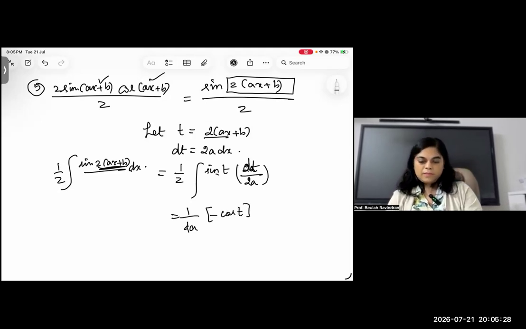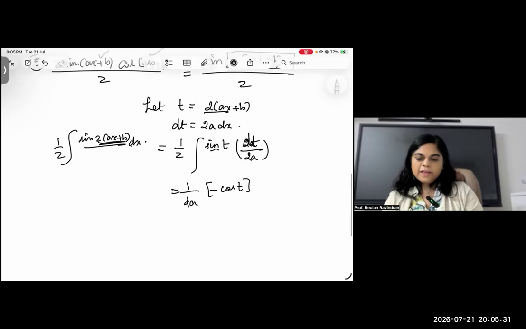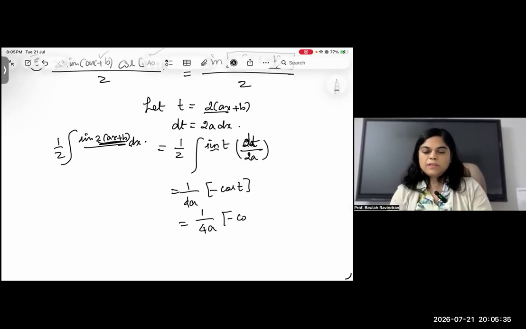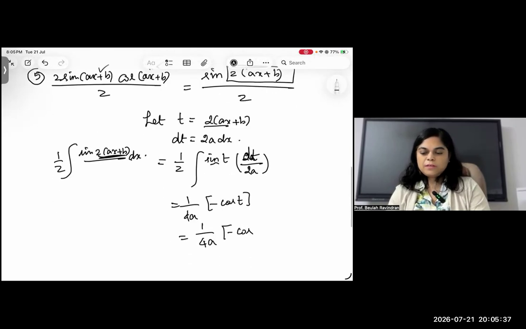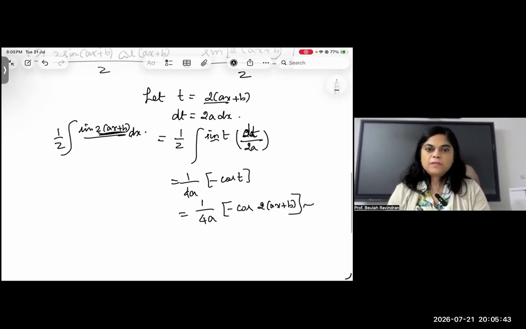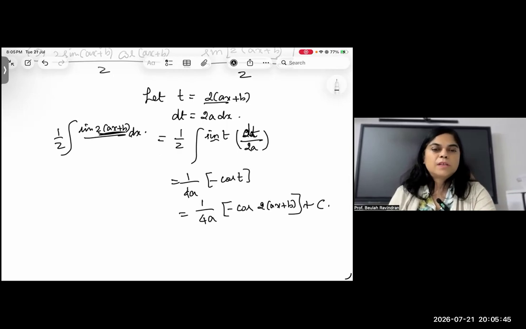Then again you have to replace. What is t? t is equal to 2 times ax plus b. Is it clear for you? This is the answer, plus c. Clear? So this is how you have to find out.